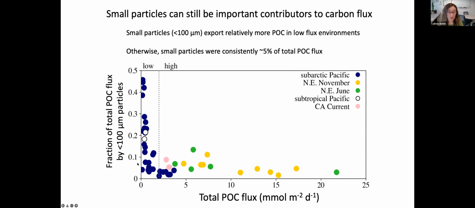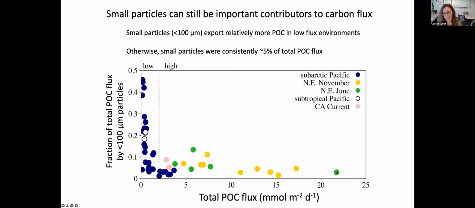So now I just put all the samples together from all the locations on our tour to look at the importance of the small particles in every single sample that we collected. Here I'm showing you the fraction of the total POC flux by less than 100 micron particles, and I plotted that against the total POC flux at that location.